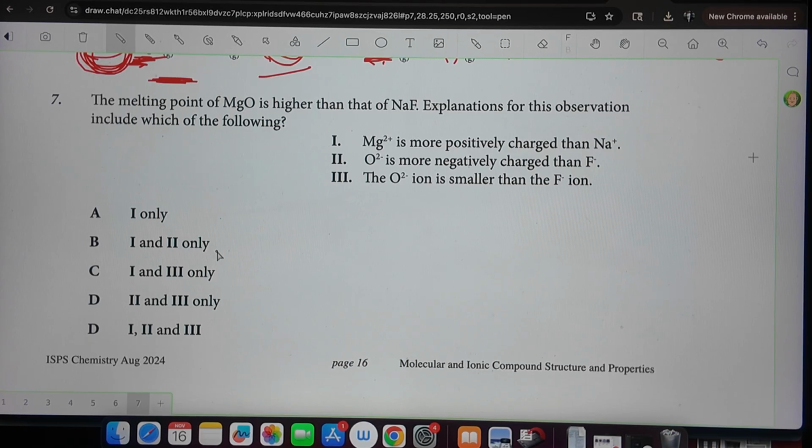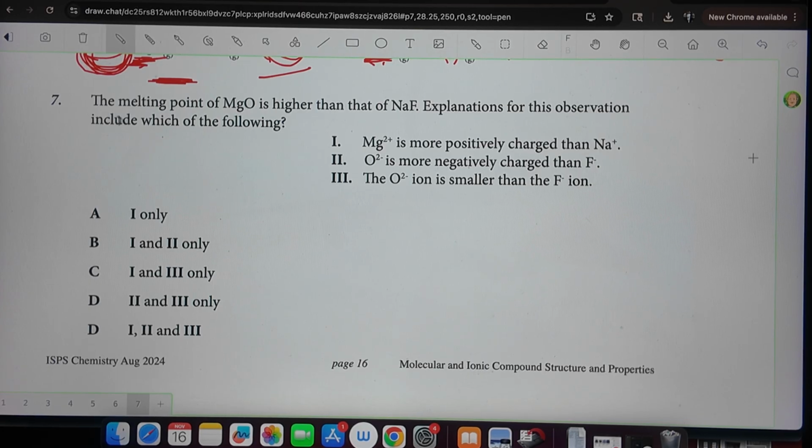So what we need to keep our focus on is that they're asking us about the melting point of MgO. And melting point increases when ionic attraction increases. Why, might you ask?